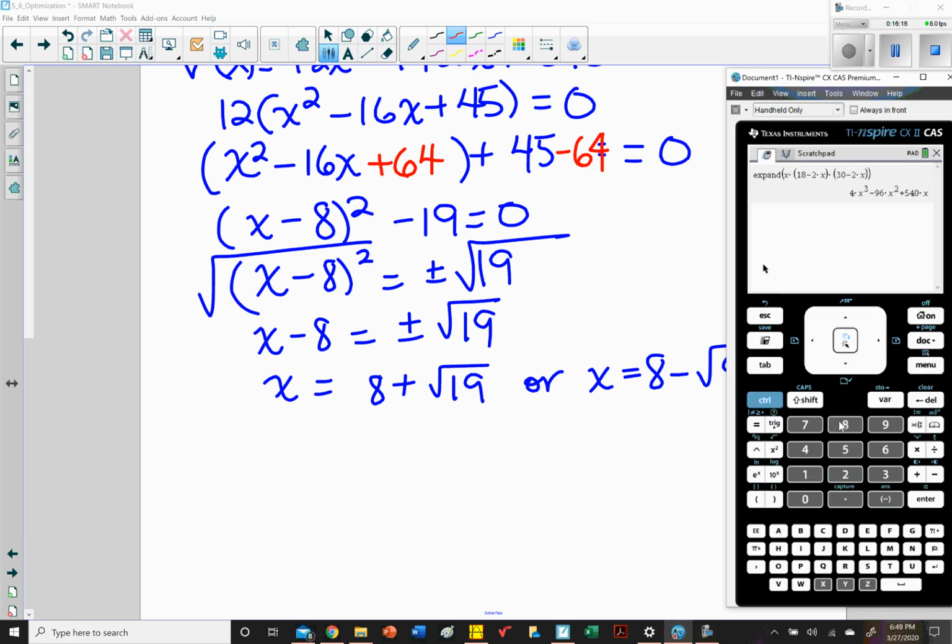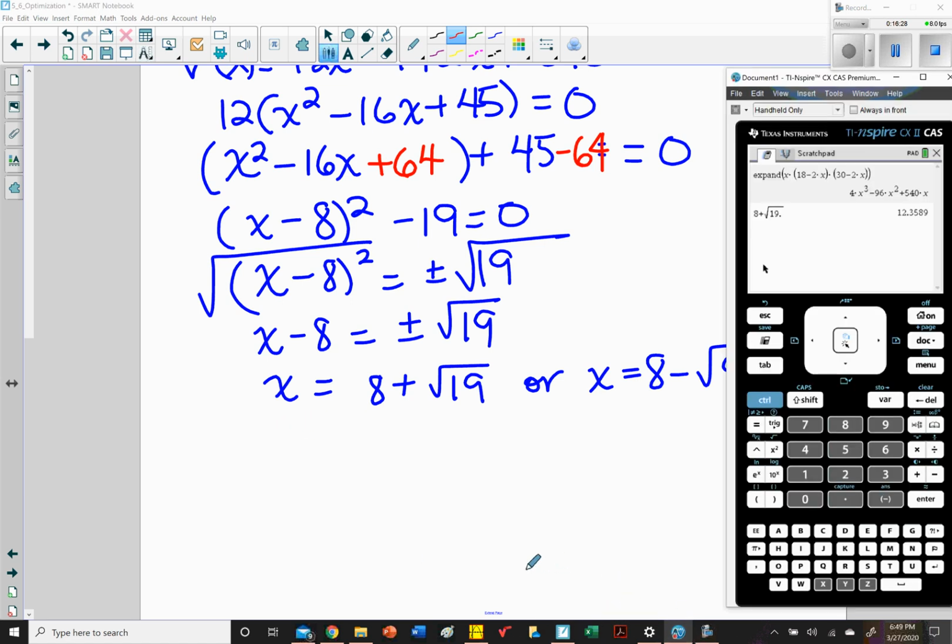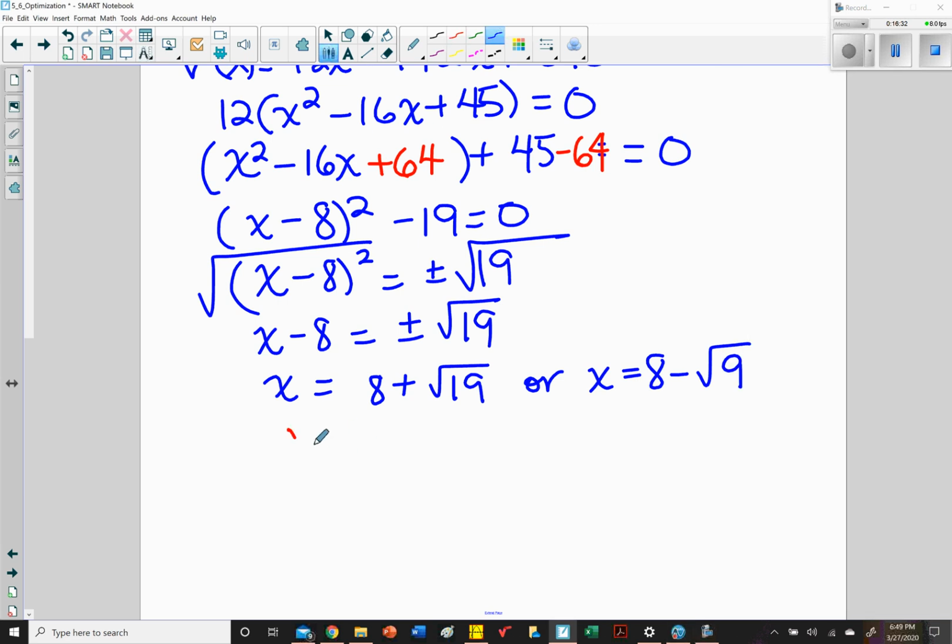So we can check 8 plus the square root of 19. That answer would be fold up sides that are, whoa, how big? 12.358. Well, that won't work. So we can't have 12.358 inch sides.